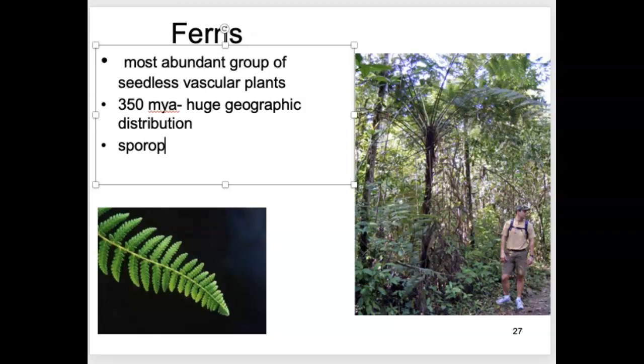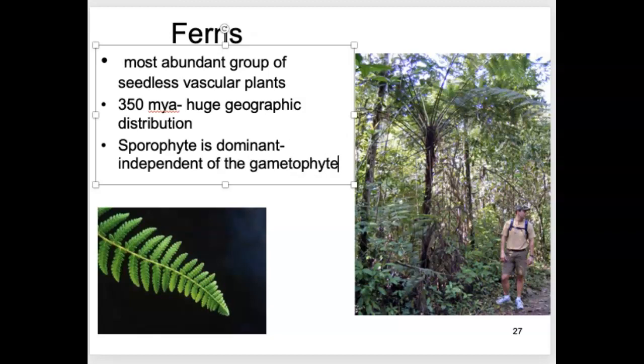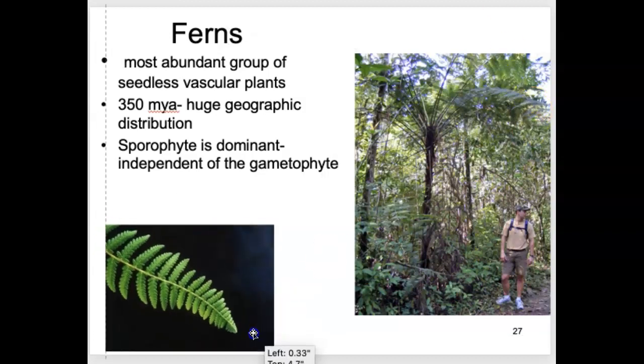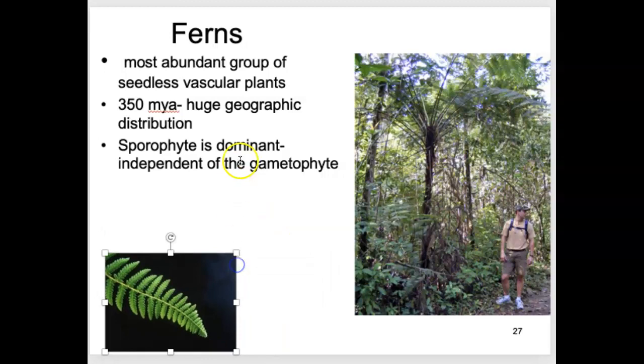Sporophyte is dominant. That's what we're looking at here, this green thing. That is a sporophyte. Gametophyte is limited. The sporophyte is also going to be independent of the gametophyte. So remember back with the mosses, your sporophyte was attached to the gametophyte.